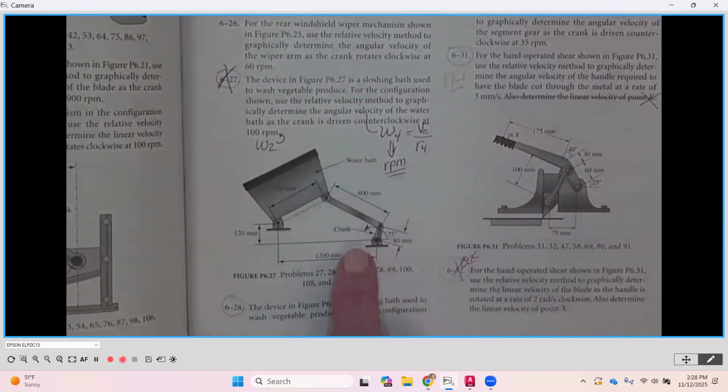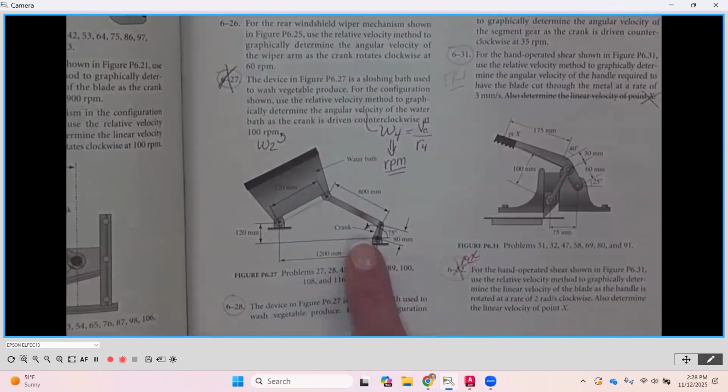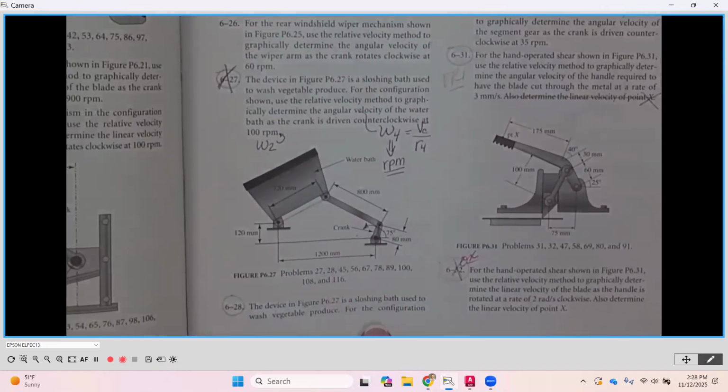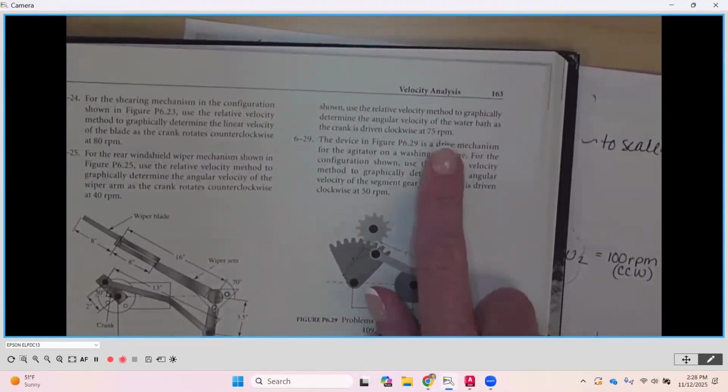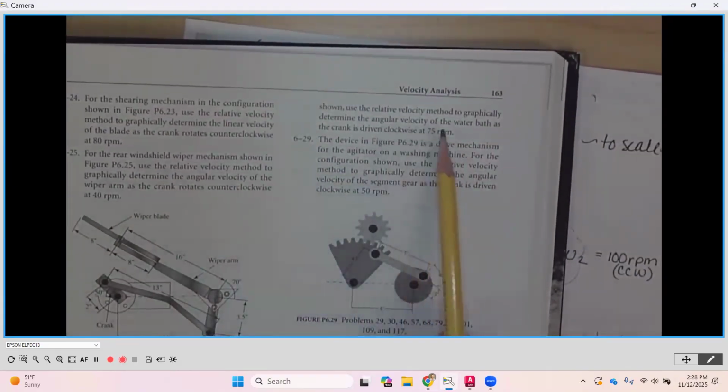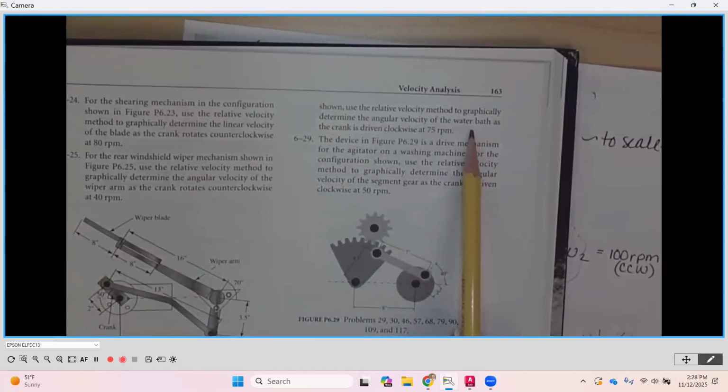We're going to use that same diagram for the configuration shown. Use the relative velocity method to graphically determine the angular velocity of the water bath, same problem, as the crank is driven clockwise this time, not counterclockwise, at 75 RPMs.